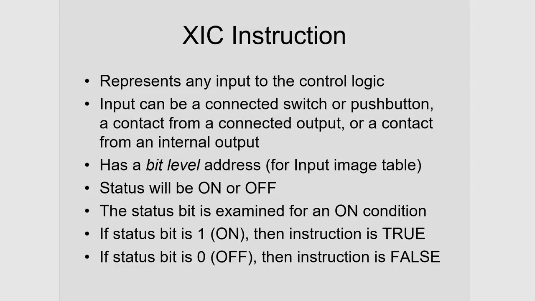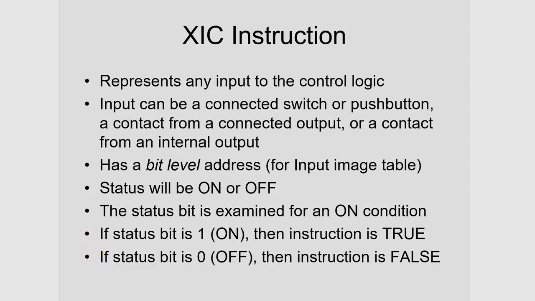So if the switch is closed, then in the input image table for that particular cell that the switch is mapped to, there will be a 1 in that bit position. And if you use the examine if closed instruction, if there's a 1 in the input image table cell that it's mapped to, that instruction will be true. If there's a 0 there, that instruction will be false. And that's the point of these two bullet points at the bottom.